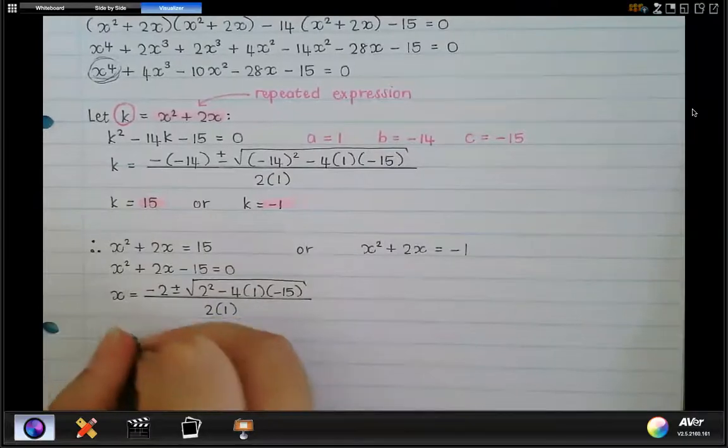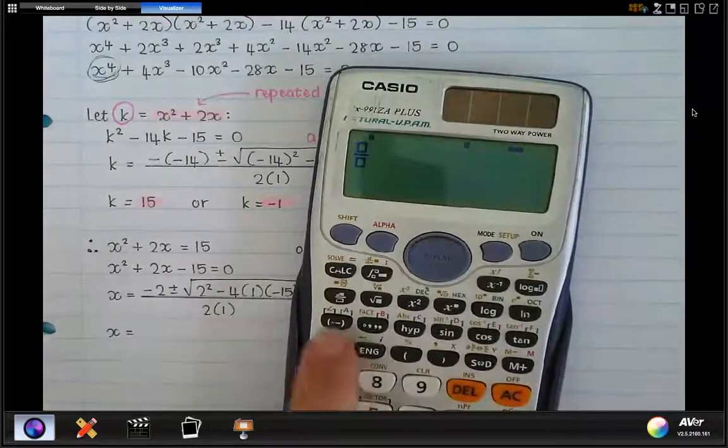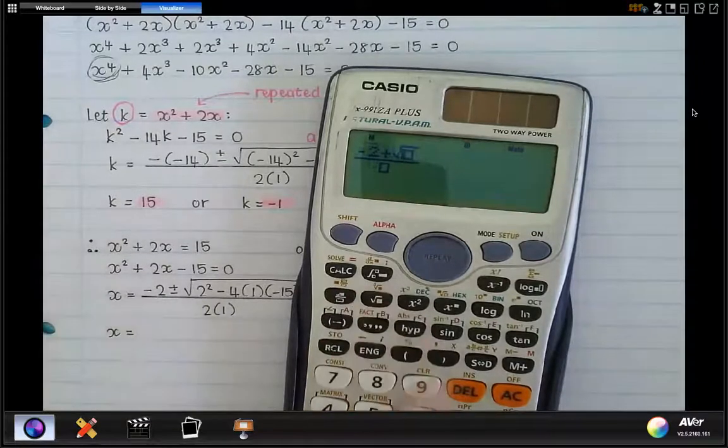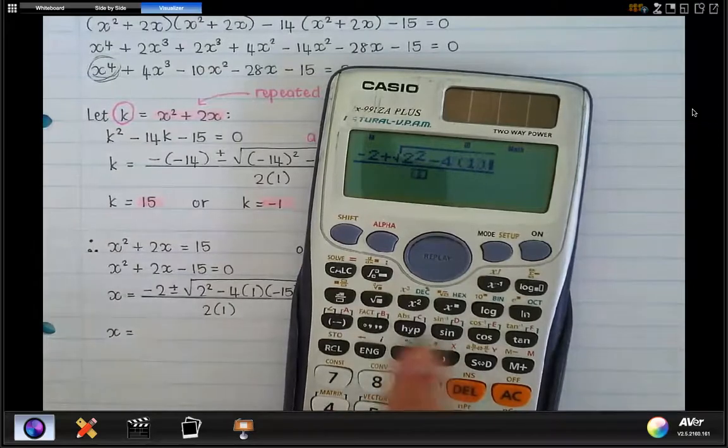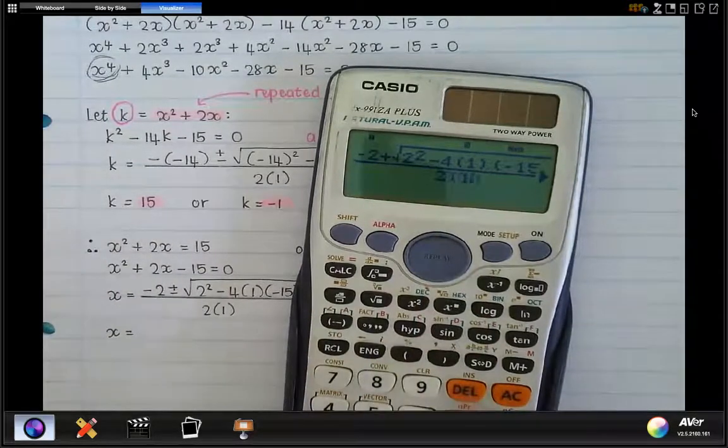That gives us two answers for x. So we're going to do negative 2 plus the square root of 2 squared minus 4 times a times c, over 2 times 1, 2a.